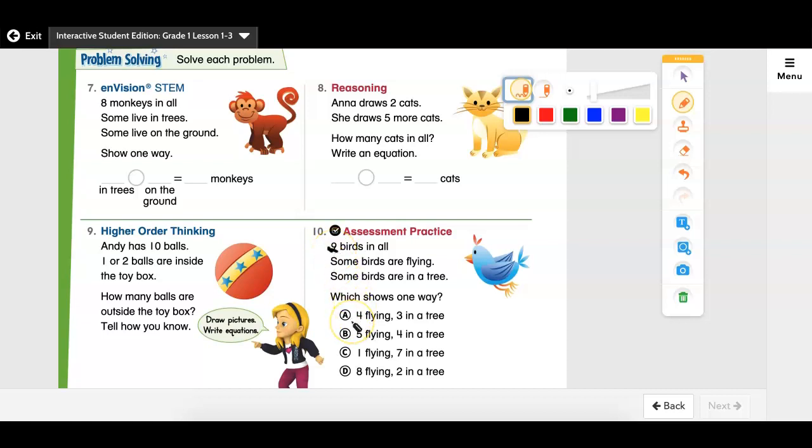So look at A. When you add 4 plus 3, does that equal 9? When you add 5 plus 4, is that equal to 9? When you add 1 plus 7, is that equal to 9? And when you add 8 plus 2, is that equal to 9? So pay very close attention to that question.